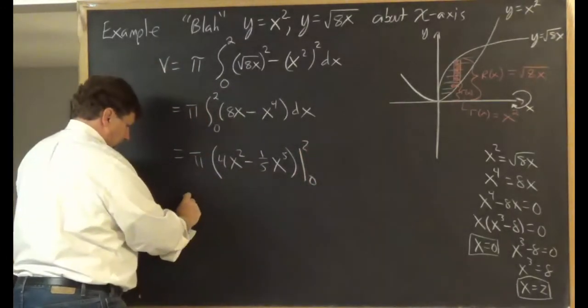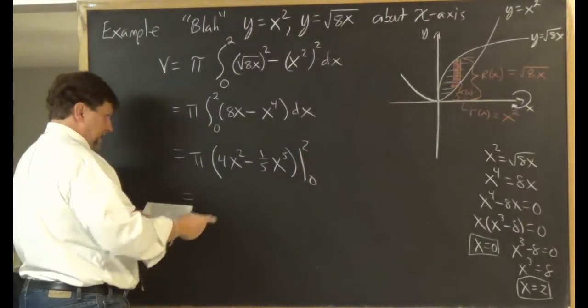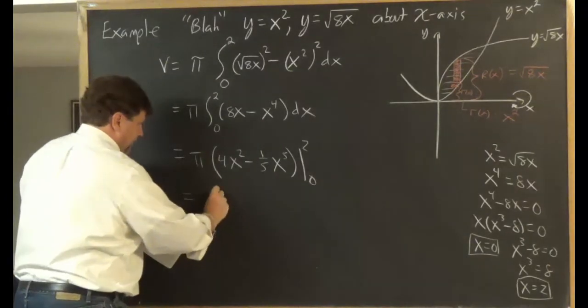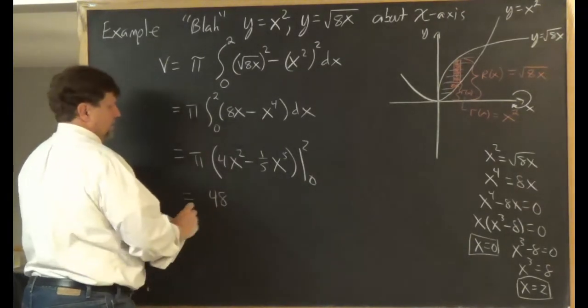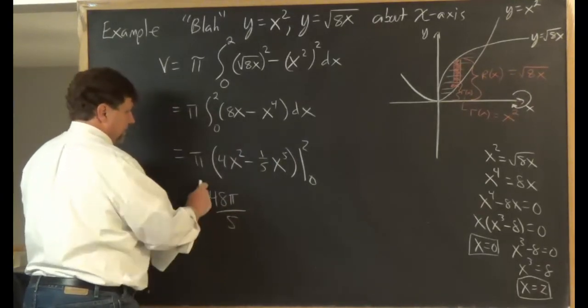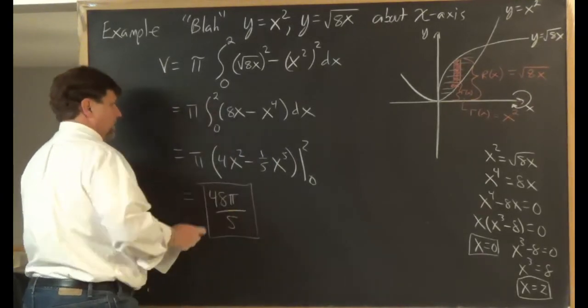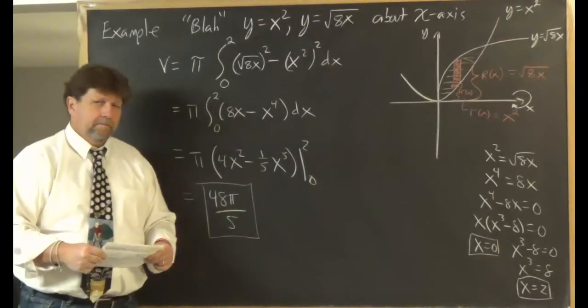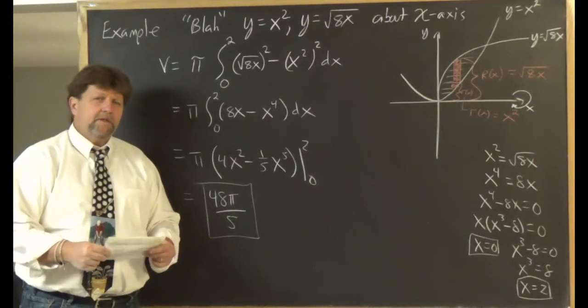And crank it through the fundamental theorem of calculus, and you end up getting 48 pi over 5. That's all there is to this one.